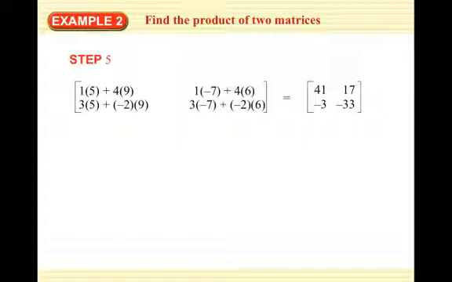Second row, first column, we have 15 plus negative 18, so that gives us negative 3. And then finally, second row, second column, we've got 3 times negative 7, so negative 21. And then negative 2 times 6, negative 12. Negative 21 plus negative 12 is negative 33. Okay. So that is the product matrix of A times B.